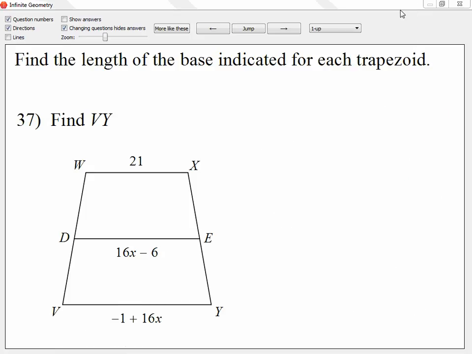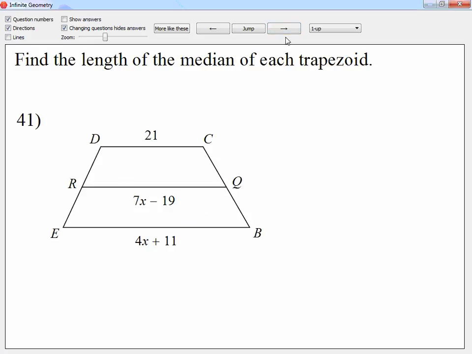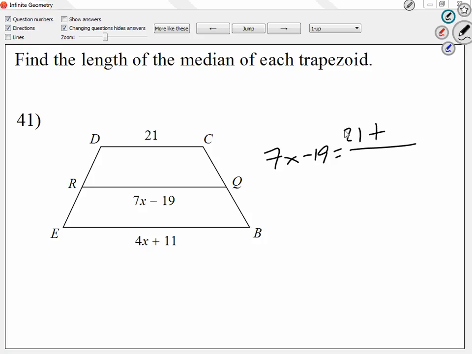The last segment we have is starting at 41. Here I'm asking you guys to find the length of the median of each trapezoid. So I'm going to say 7x minus 19 is equal to 21 plus 4x plus 11 over 2.